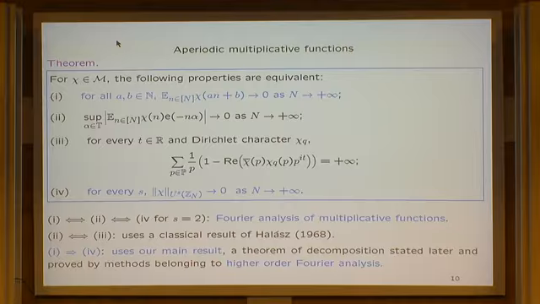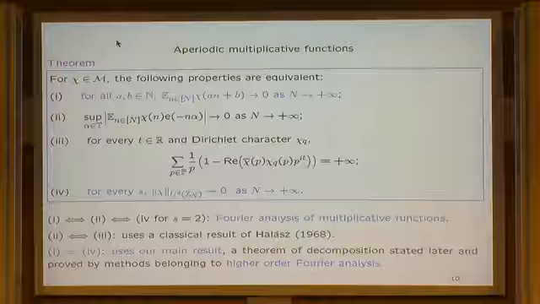Then it's relatively classical, and it's some kind of smooth condition. Why? If you want to define a completely multiplicative function, you have only to say what the values on the primes are. Then a completely multiplicative function is completely defined. Here we have a simple test on these values.